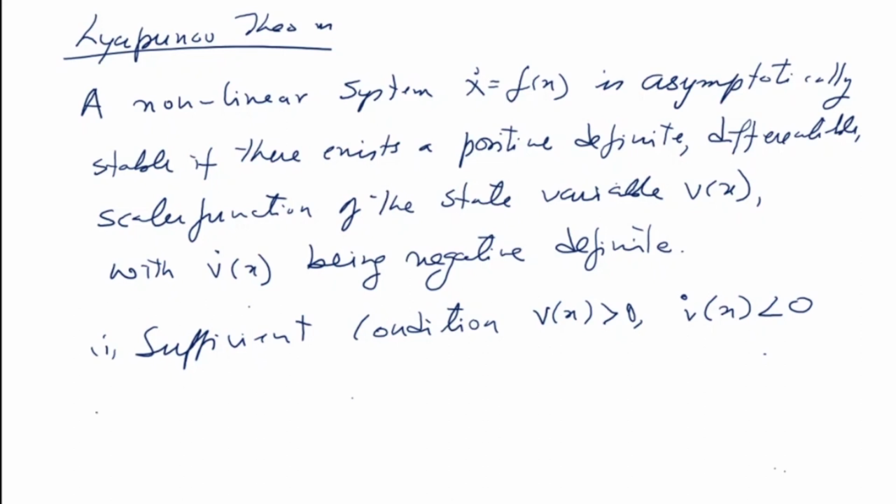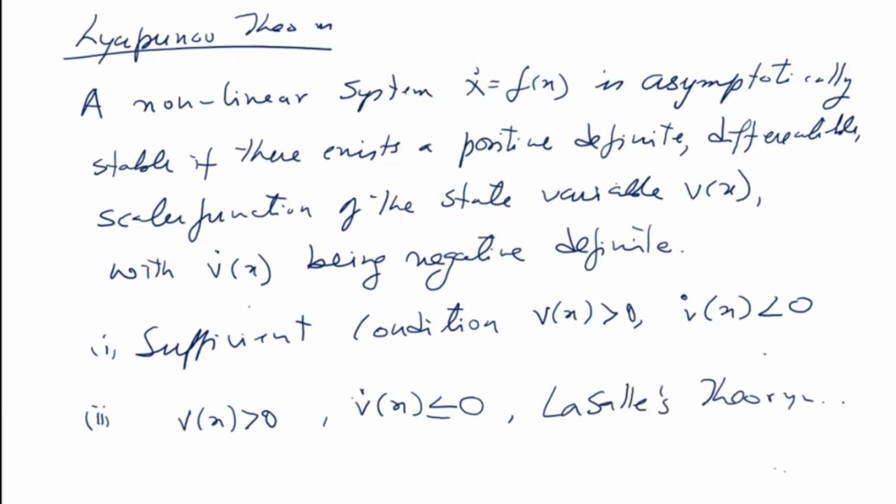The second condition is if V of x is greater than 0 and V dot of x is less than or equal to 0, then we have to use LaSalle's theorem, and this also proves that it is asymptotically stable. Now, what is this LaSalle's condition, or where does it come from?